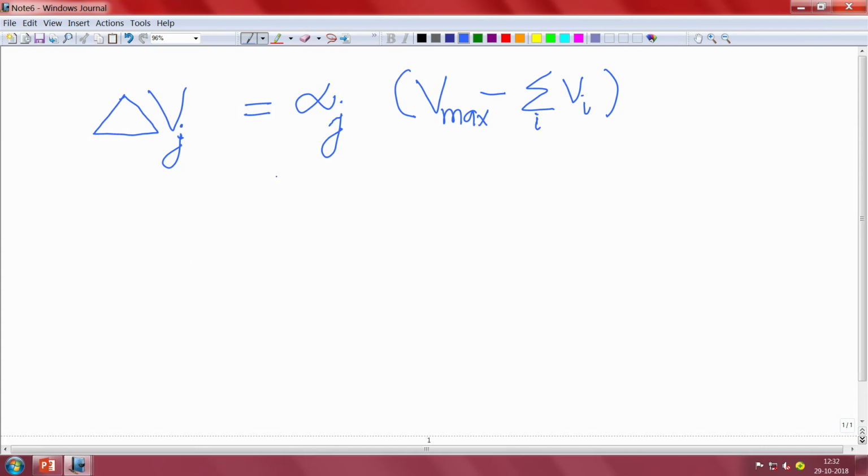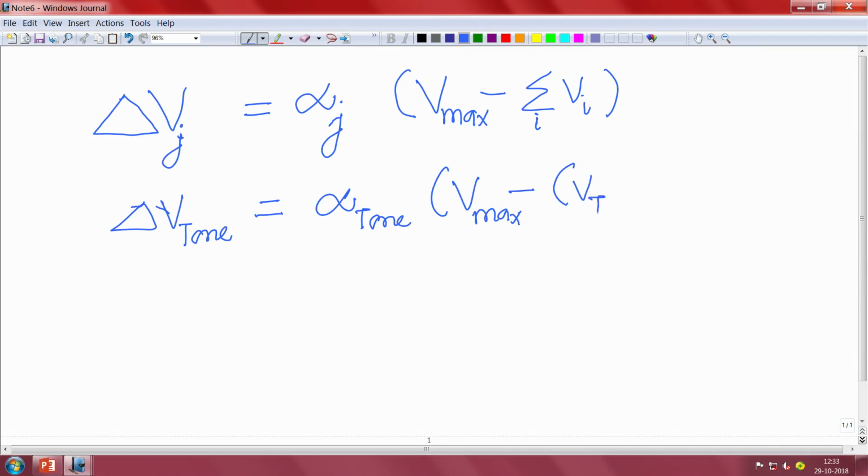So, you can write down like that, for tone, and for the light. In our specific case, we will write it as delta V tone equals alpha tone times V max minus, since we have only two, we will add both of them, V tone plus V light.